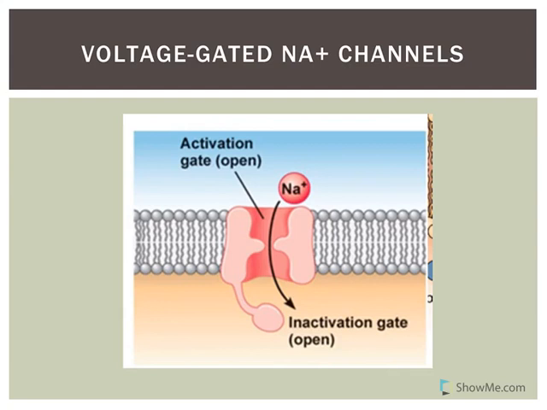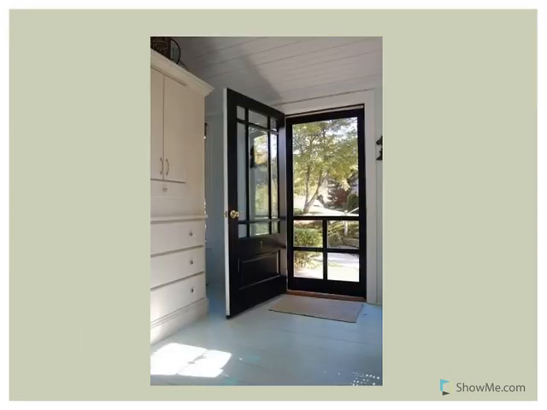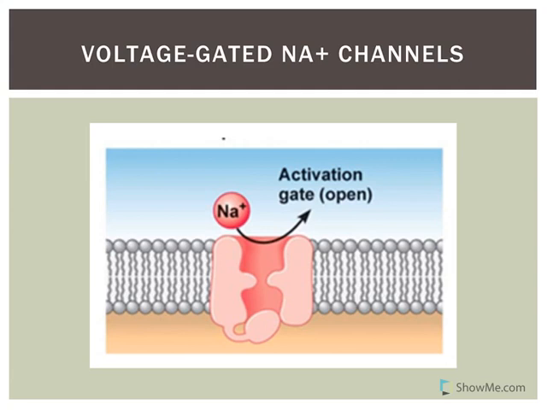Another configuration that channel could be in is open. The activation gate's open, so at a certain membrane voltage, it's going to unlock that door, and then sodium is going to move across. So that's a second configuration. Third configuration is the activation gate's open, but this inactivation gate is closed. So this channel is referred to as being inactive.